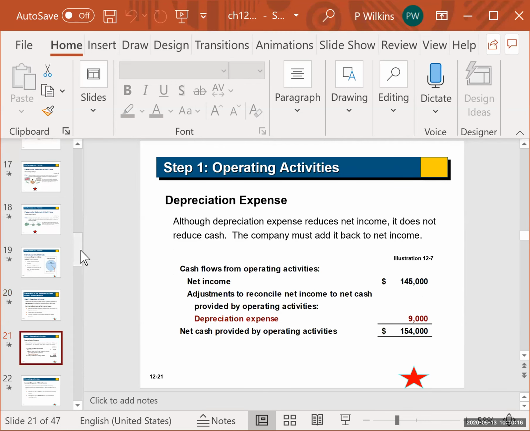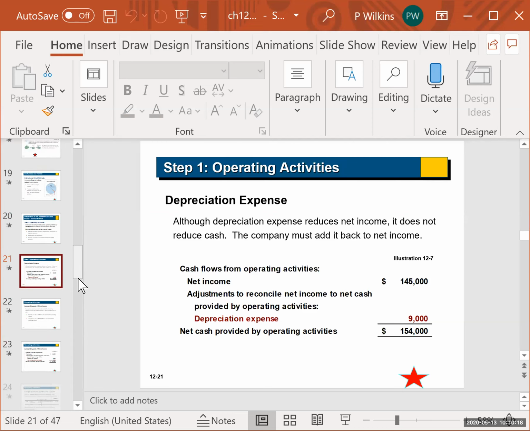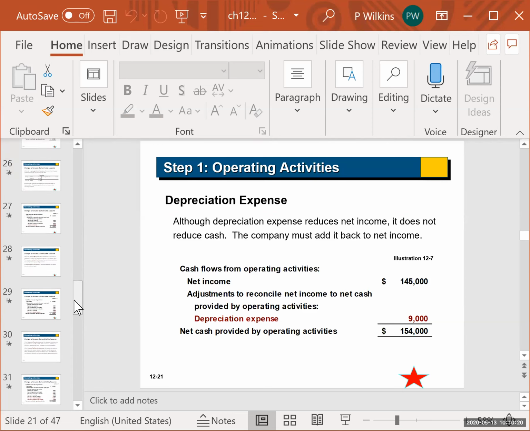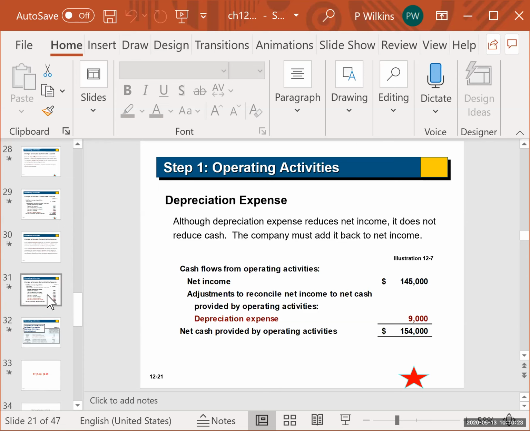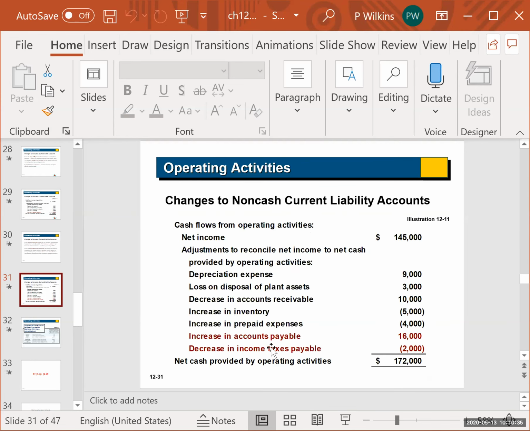Now, this is going to go through a whole list of items, and I'm going to scroll down to the very end because it shows you one by one, and it keeps putting a total there of net cash provided by operating, which isn't true because it only has one item on this slide. So I'm going down to this slide, where you can see all of the items in the financial statement. It starts at net income.